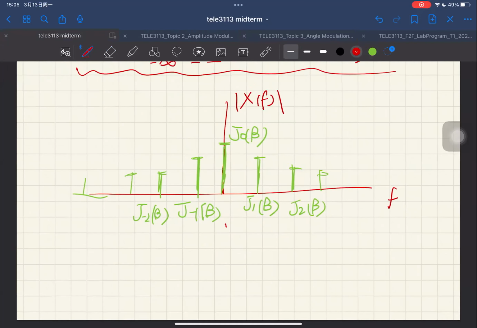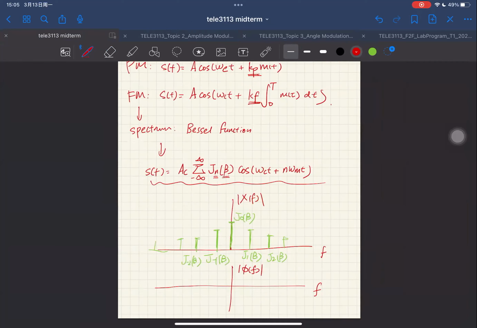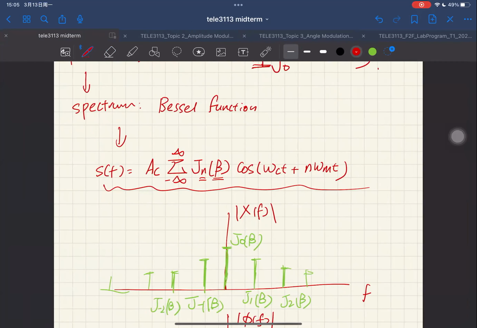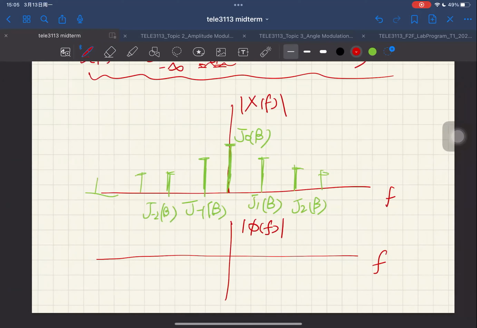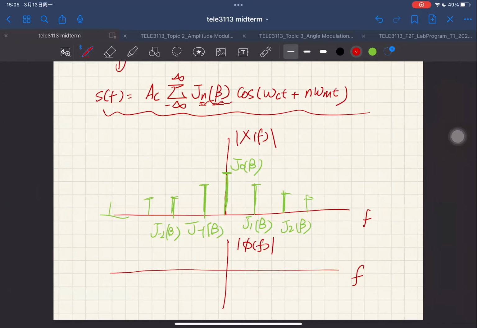And for the phase spectrum, like this. Because all the values here are just real numbers, with no imaginary part, the phase of those numbers is just 0.